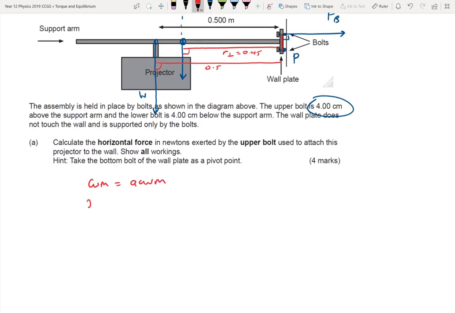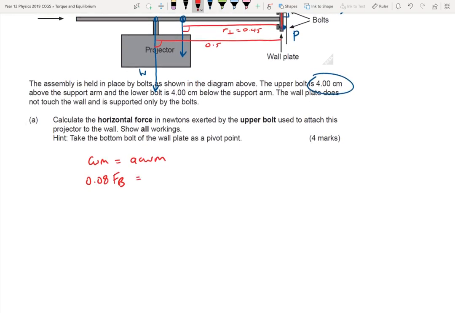We would go 0.08 force of the bolt must equal 0.5 weight of the projector, which was 7 by 9.8, and then 0.45 weight of the support arm, 1 by 9.8. Solving force of the bolt gives 484 newtons into the wall.